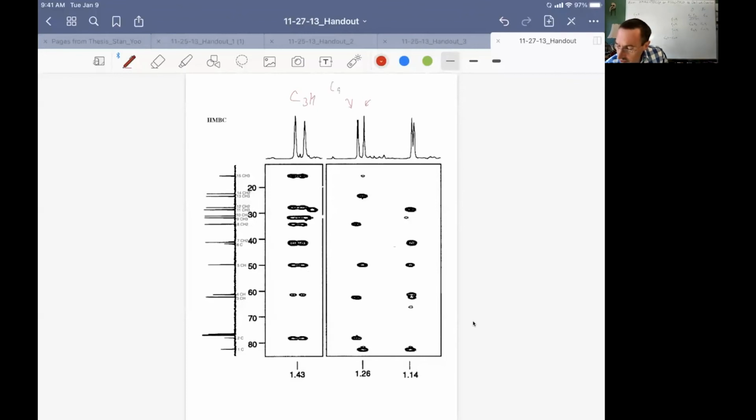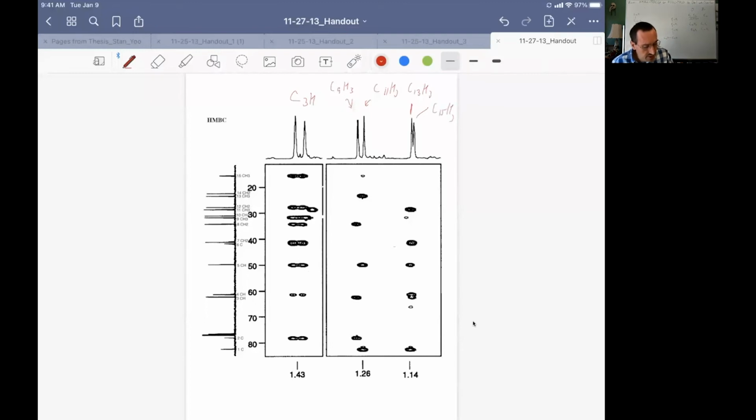So here's C9H3, here's C11H3, and then it gets a little more complicated because this is C13H3 and this is C15H3, and they're very, very close to each other. So let's start with the easy stuff where I clearly can see them distinctly.